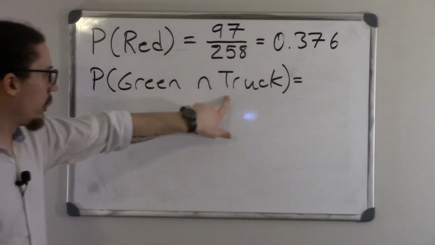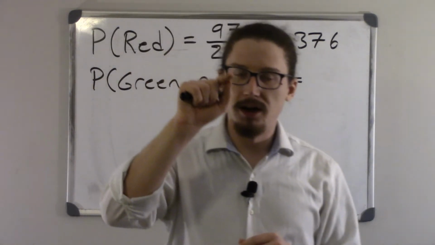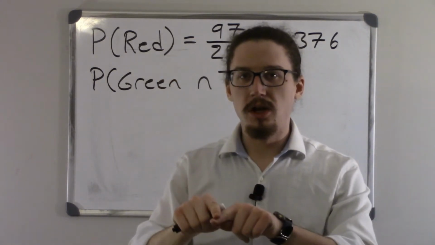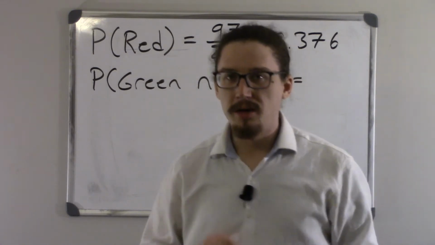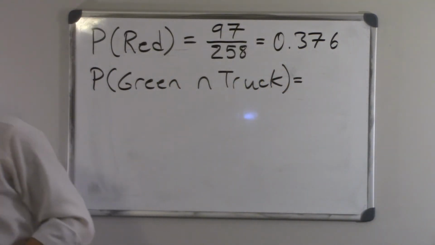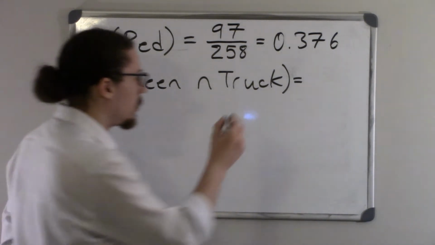So here we just look on our chart. We're going to find truck in the middle, green at the bottom, so the middle column, bottom row. We're going to see the intersection of truck and green, and that's going to be 29.